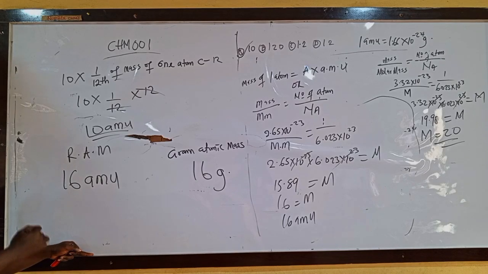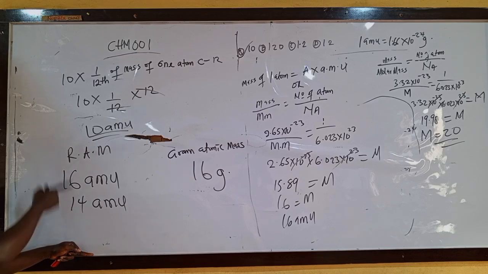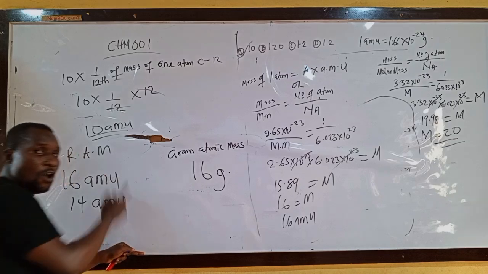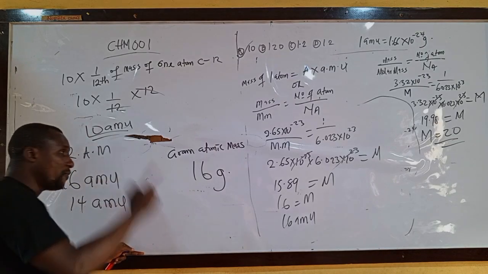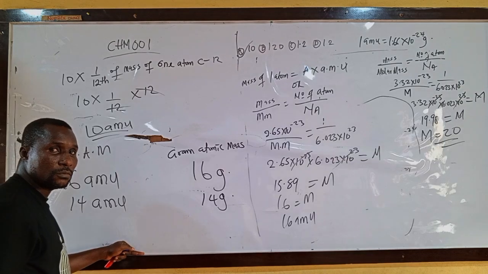For one atom of nitrogen, the relative atomic mass is given as 14 AMU, but the gram atomic mass of one atom of nitrogen is 14 gram. Take note.